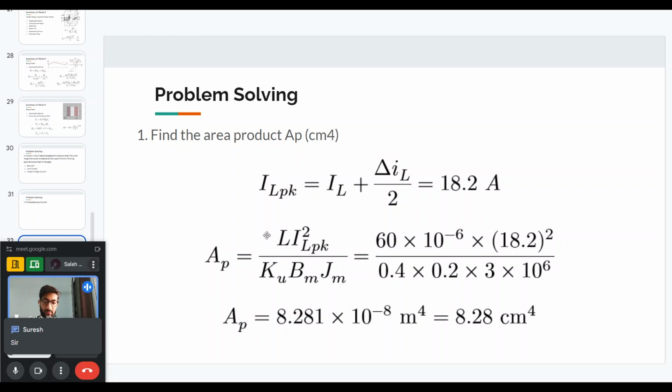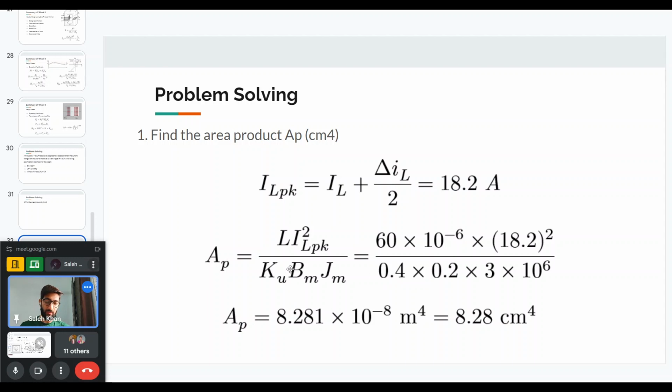For the inductance, the SI unit is henry. If the question gives it in microhenry or millihenry, you convert it into henry first. The current is usually in amperes, but if for some reason it is in milliamperes, you have to convert it into amperes first. Ku is dimensionless, so you use whatever value you are given, whether it is 0.4 or 0.5.